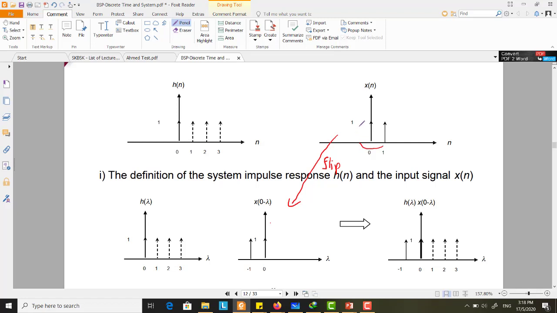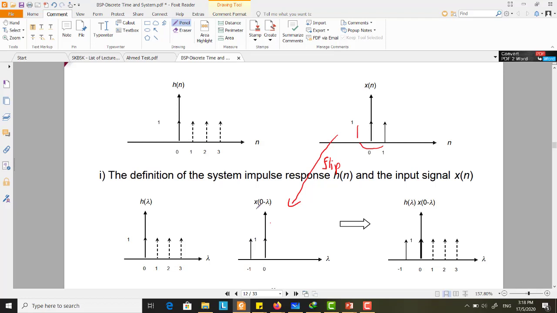It is a mirror of this side. You flip it from left to right, or right to left. Anything at 0 does not change, and anything on the right side goes to the left side. You are doing a flipping process.